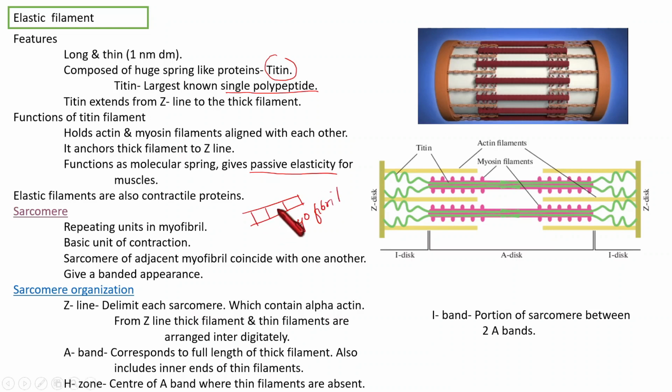This is one sarcomere, this is another one, this is another one. And this sarcomere is the basic unit of contraction. As a result of the contraction of each sarcomere, the muscle as a whole is contracting to perform some function.